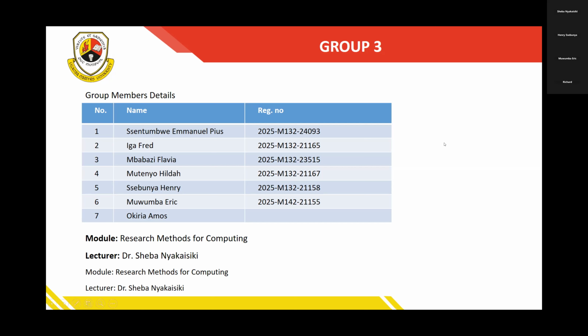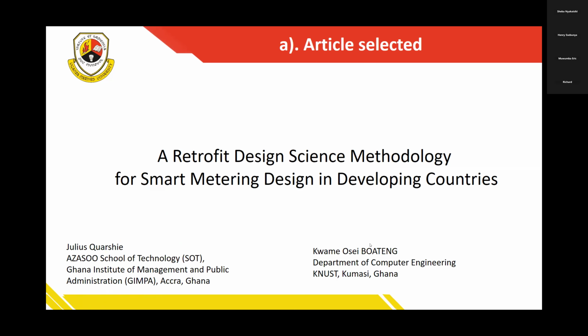So straight, I'll go to the first question. The first task was for us to identify or select the article that we are going to look at. The article that we selected, if I read for you on your screen, is the Retrofit Design Science Methodology for Smart Metering Design in Developing Countries. This research was done by Julius and Peme. Maybe I can try to break down the topic.